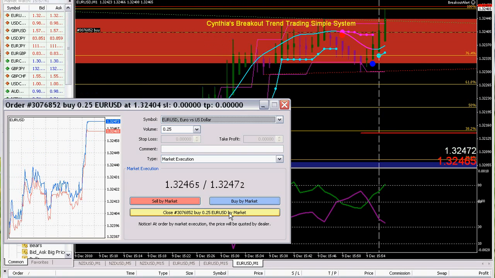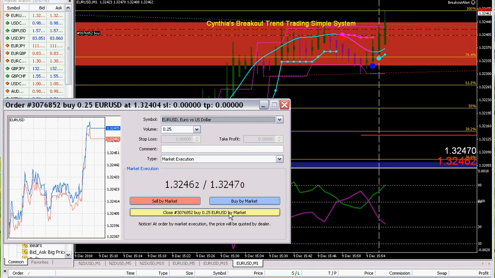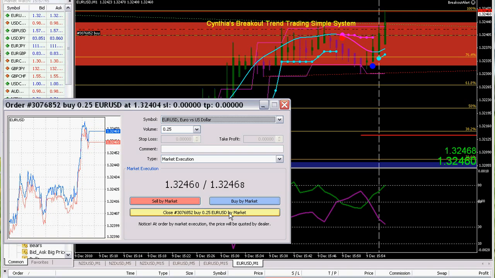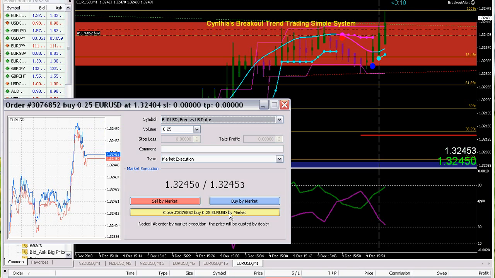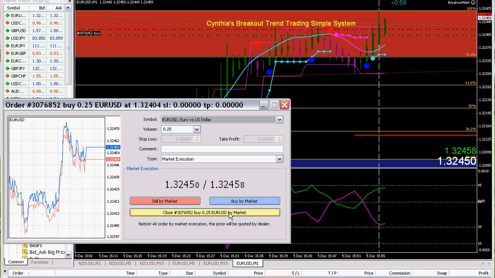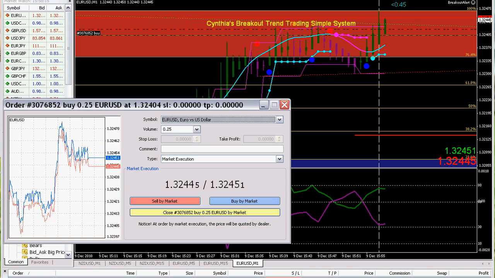So here we go. I just wanted to move 5 pips in. The trailing stop just kicked in, and we're in profit 13, 11, 10, and no matter what it does, it's going to give us 2 pips.